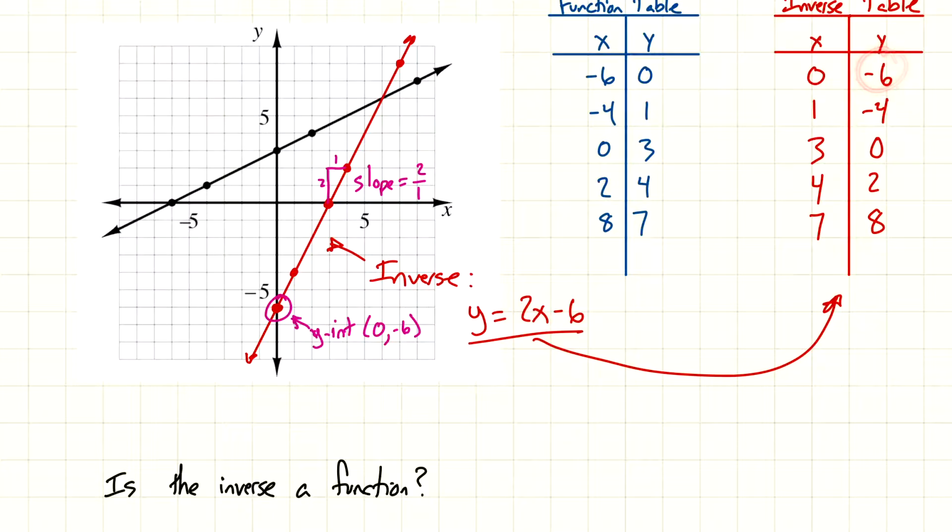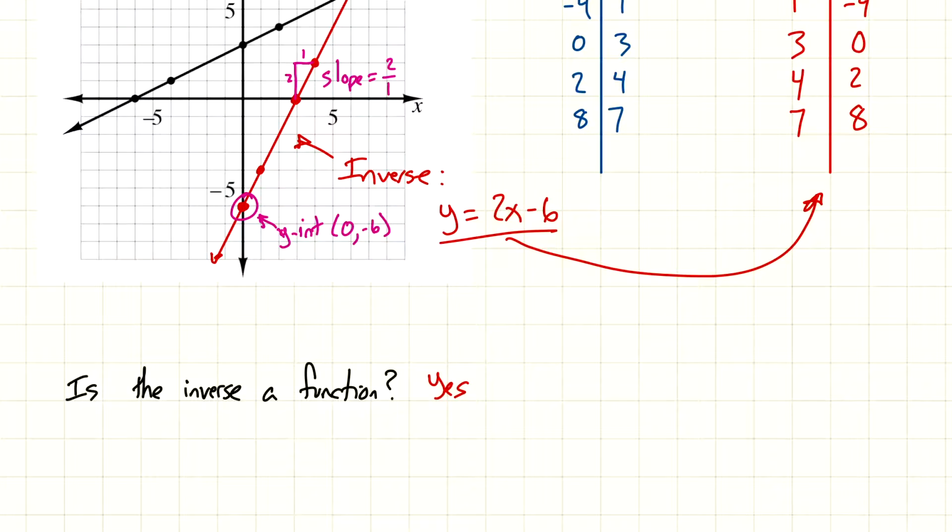I don't get duplicate outputs or additional outputs. The graph tells us a lot: this is a linear function, so for every input, we get exactly one output. So this is yes, and we could actually say it's a linear function.